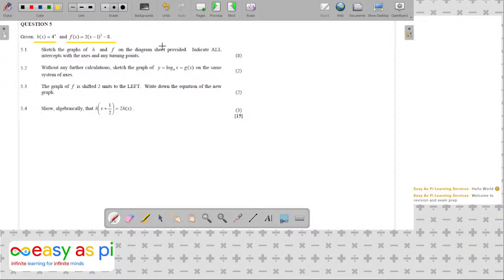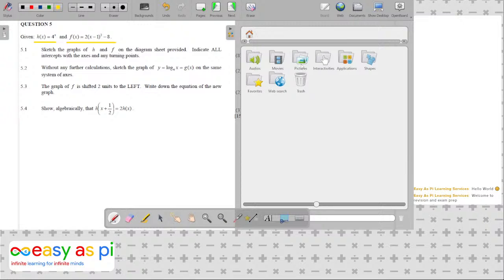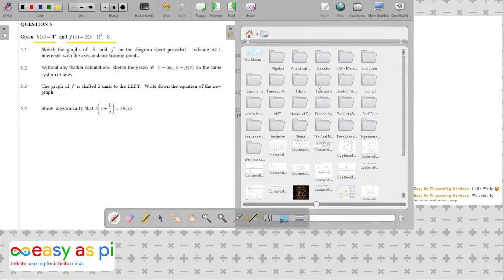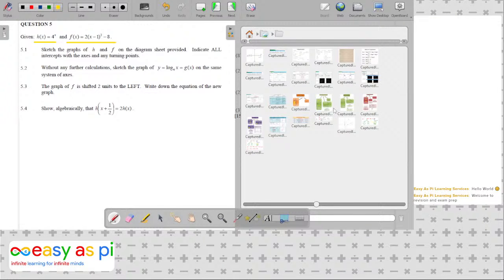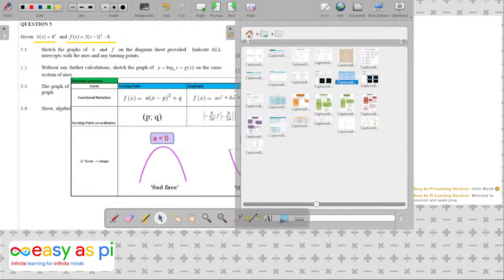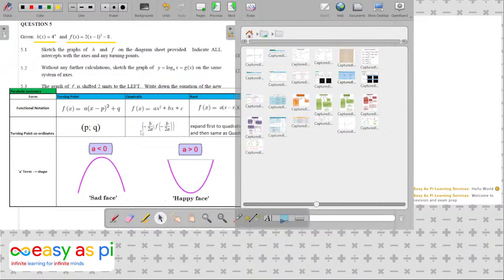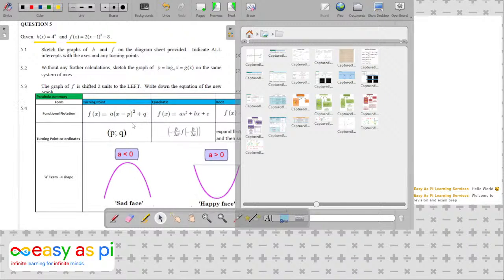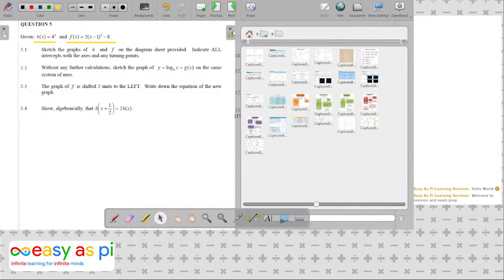I'm just going to show you the formula for it. There we go. You can see that this is a into x minus p squared plus q. That's the turning point form.